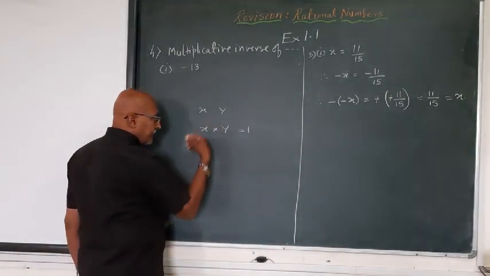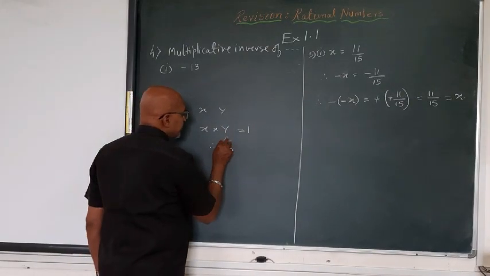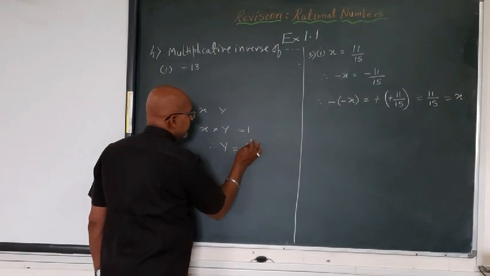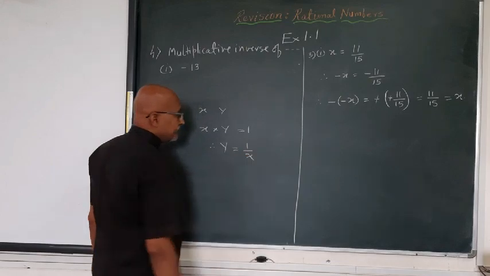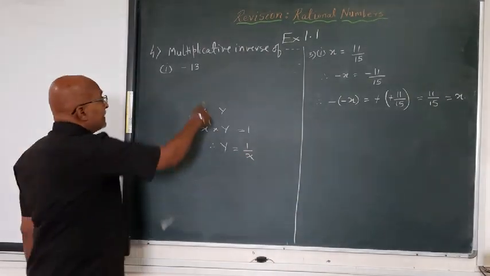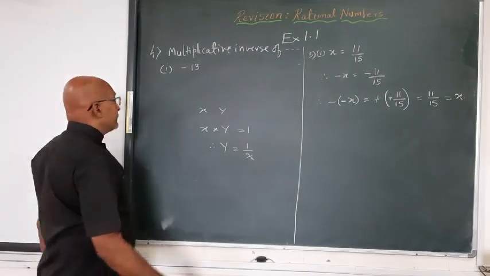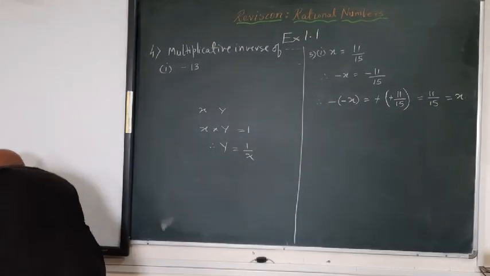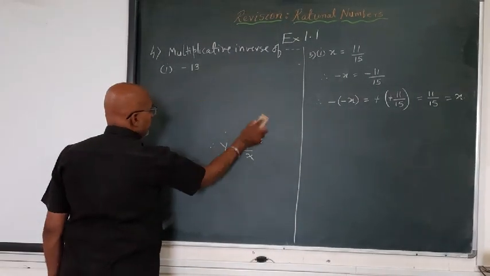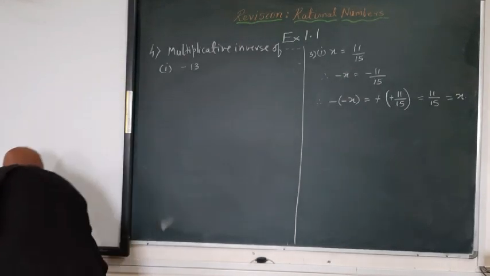Now what is y then? Therefore y will be equal to 1 upon x. So if x is 13, what should be the multiplicative inverse?